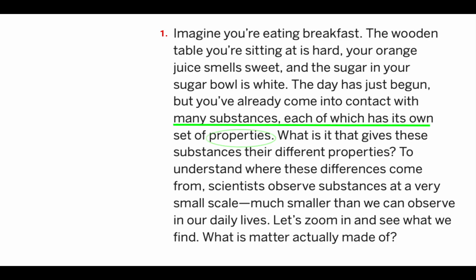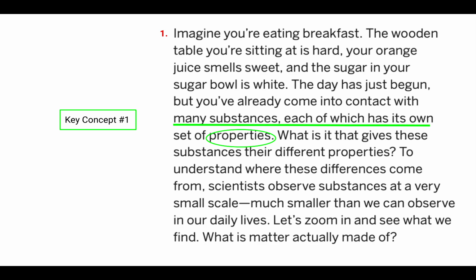Many substances have their own set of properties. That's key concept number 1. So I'm underlining, you can highlight. And again, I want to circle certain words that are important. We've got properties, key concept number 1.